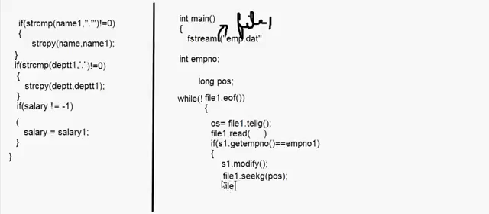Then I do file1.write, the same syntax that we have done earlier, and then we have a char found, and I put found is equal to 'y', and then I break out of the loop, right? Now this is what we do in the modify function. At this point, wherever the search is successful, the modify function is called, and once the modify function is called, all the data is accepted.